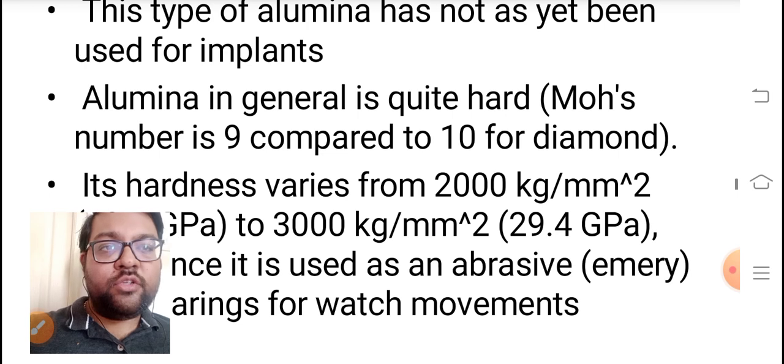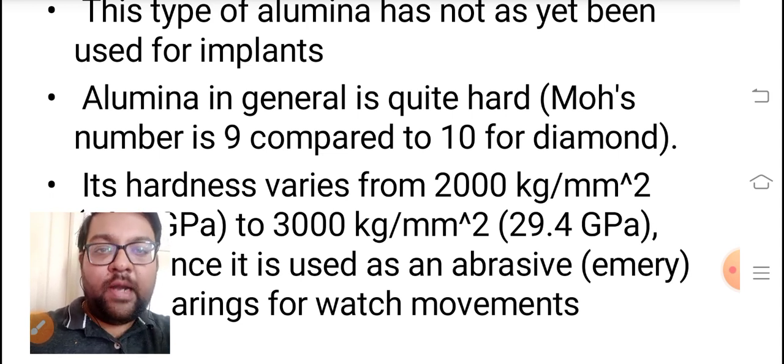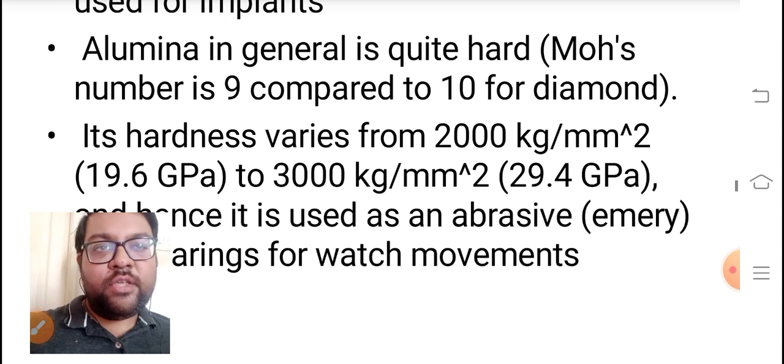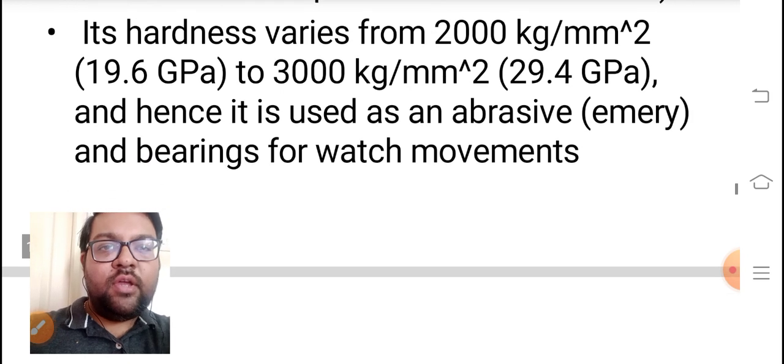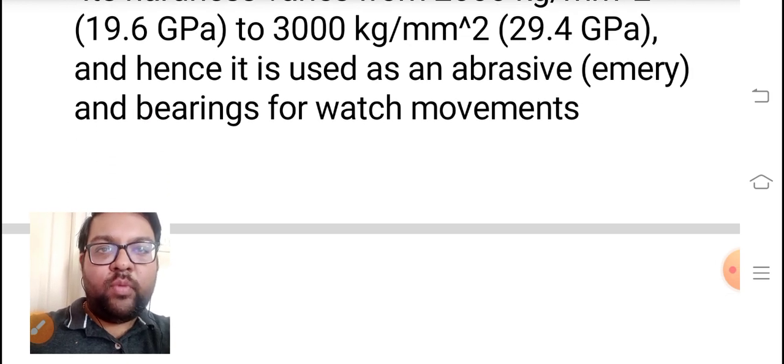Alumina in general is quite hard. Its Mohs number is 9 compared to 10 for diamond. Its hardness varies from 2000 kilograms per millimeter square to 3000 kilograms per millimeter square, and hence it is used as an abrasive and in bearings for watch movements.